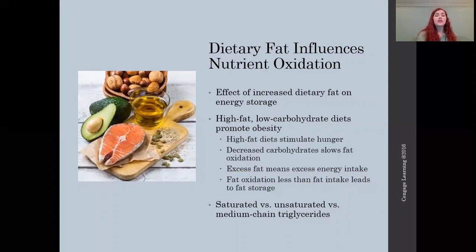And also, the decreased amount of carbohydrates slows the oxidation. So without enough carbs, all of the fat is not being oxidized, and some of it is being stored in the body. Also, the different types of fat are going to be oxidized differently as well as react differently within the body.